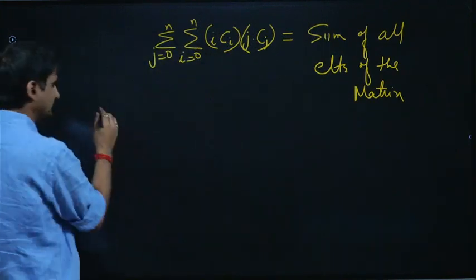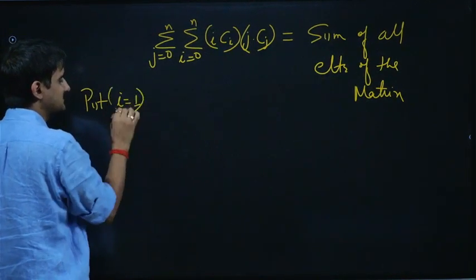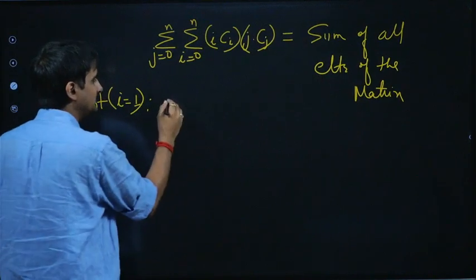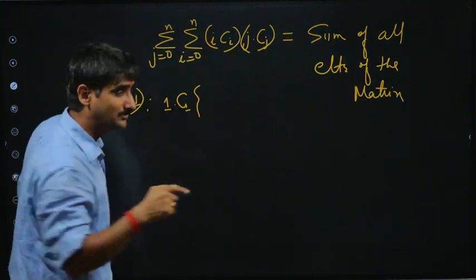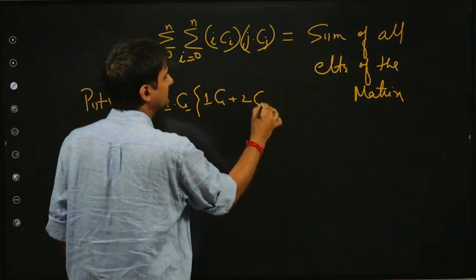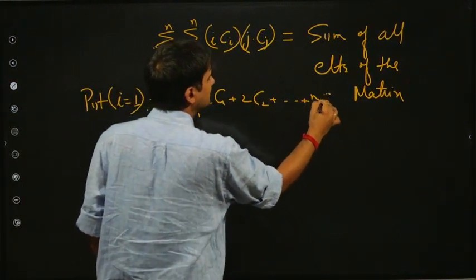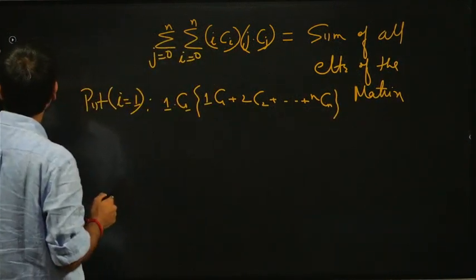So I am just trying to show you how you can verify and justify it. So put i equal to 1. That means you will get 1 into C1 and then summation over j, and when you open that summation you will get 1C1 plus 2C2 plus 3C3 up to nCn. That's the first row.